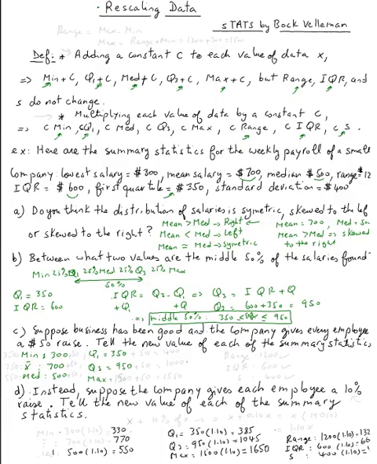To find the max, where is the min? The min is 300, and then the range, let's write the range here. The range is $1,200. The IQR is 600. Standard deviation is 400. Range is 1200, min is 300, so max will be 900, even though it's not given, right?